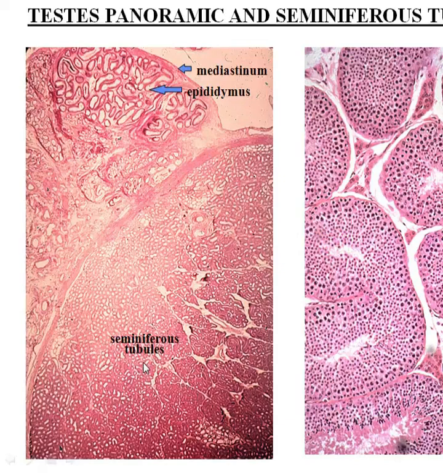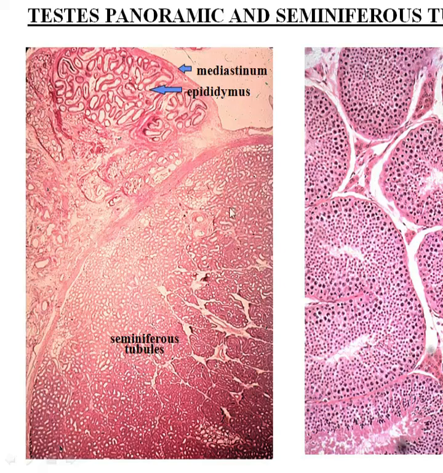Here you need some imagination: if you cut a bunch of thread in a single plane, you will not see a thread but round, bulb-like structures. So all these are tubules cut in section. Though they look like round structures, they are actually tubes cut in a single plane. These are the seminiferous tubules.